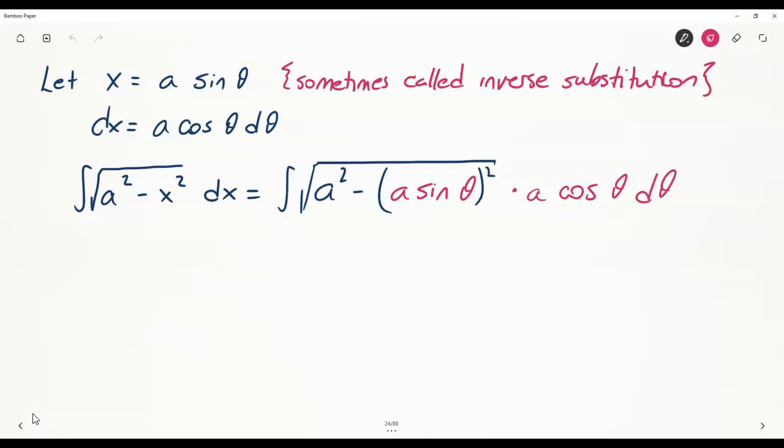If I take a sine theta and square it, what do I get? What is a sine theta squared? It'd be a squared sine squared theta, because this is a product, not a sum, so you don't have to FOIL. Just distribute the power between those two factors.